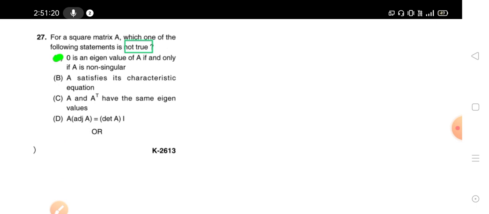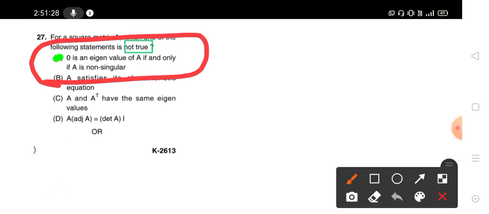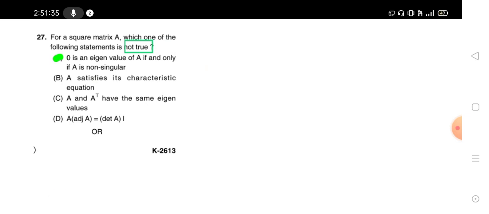Here it asks for not true, the other options are correct. 0 is an eigenvalue of A if and only if A is non-singular. This is not possible. 0 is an eigenvalue if and only if A is singular, then it is possible. A satisfies its characteristic equation. This is correct. A and A transpose have the same eigenvalues. This is also correct. This is one formula.